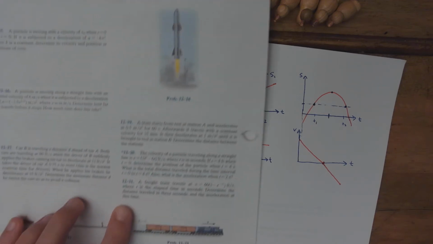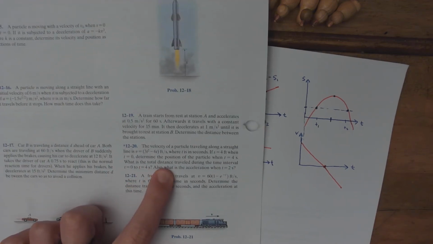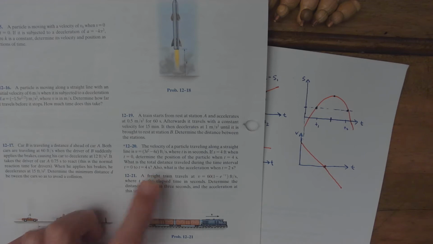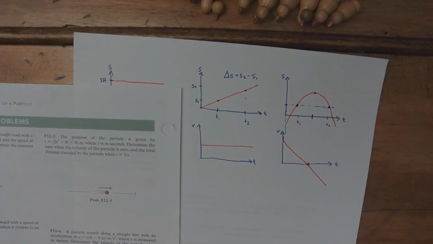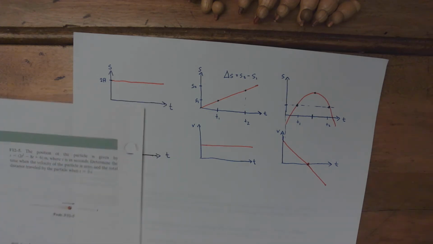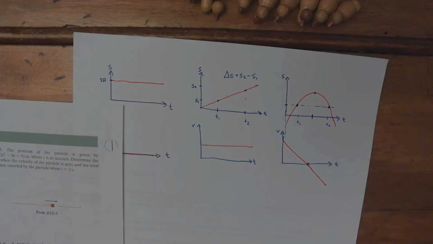So again, when you look for the total distance traveled, you have to know when the velocity is 0 in order to be able to determine what the total distance traveled is. Okay, so that's coming up for homework, and now we're going to look at problem 6.